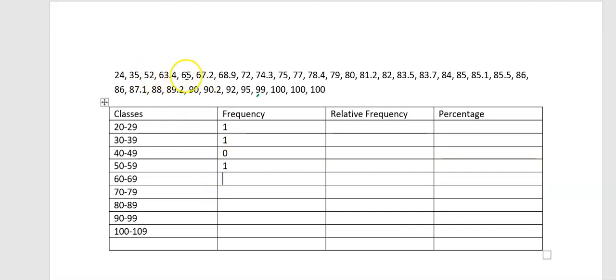There are 4 scores in the 60s, and 6 scores in the 70s, and 14 scores in the 80s. And then 5 scores in the 90s, and 3 scores in the 100s.